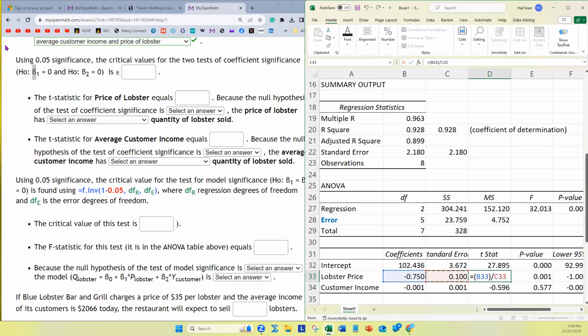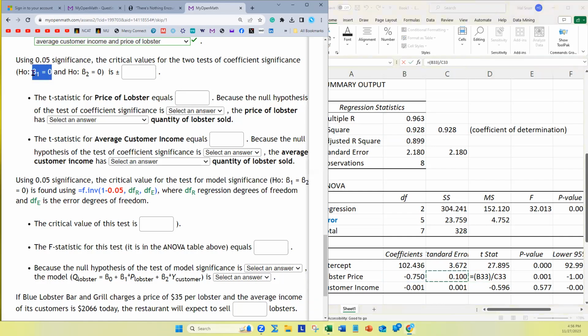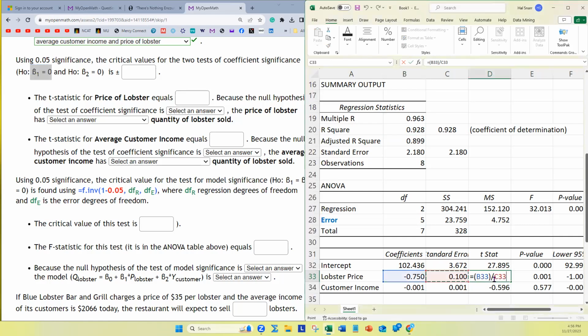Now, our hypothesized value here is 0. So what I'm going to do here is B33 minus 0. Okay, so this explicitly tests this coefficient to see if it's insignificant, right?